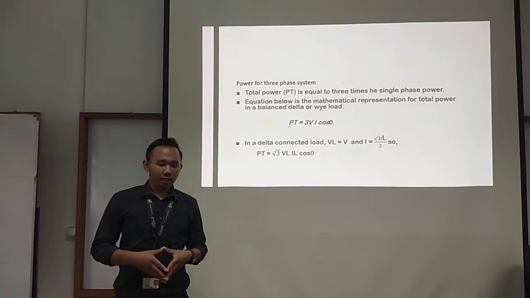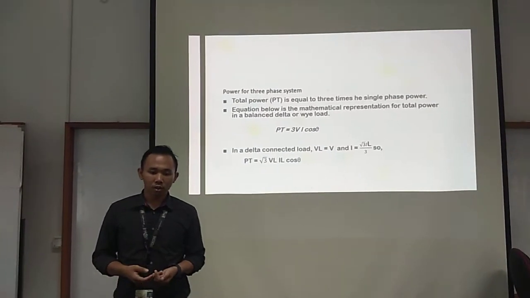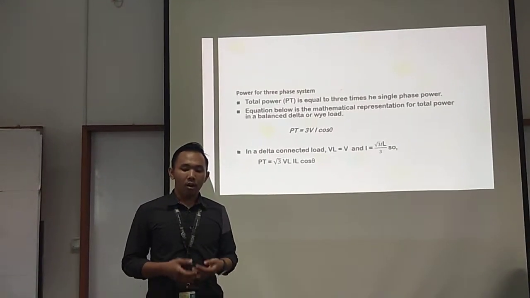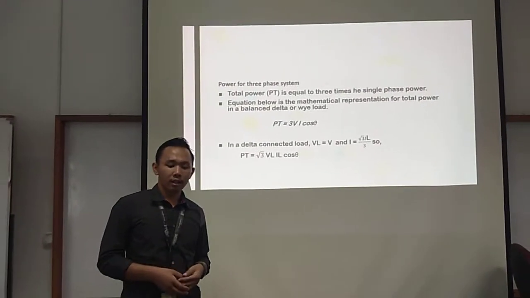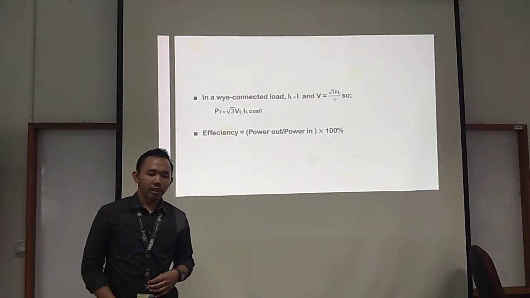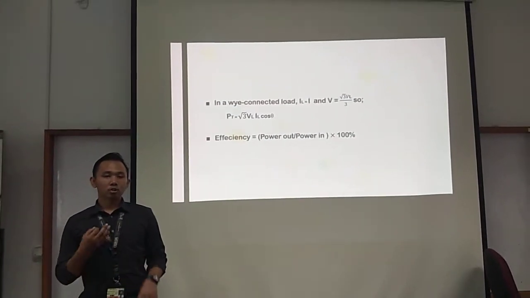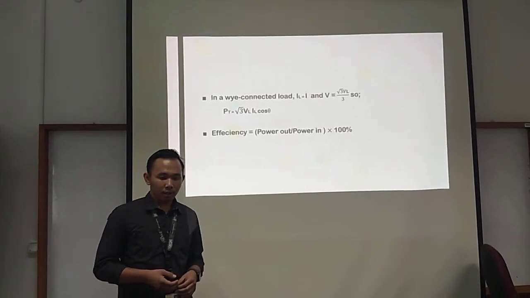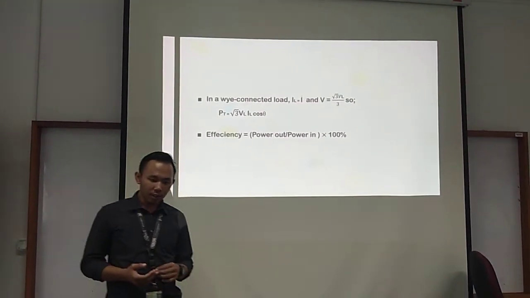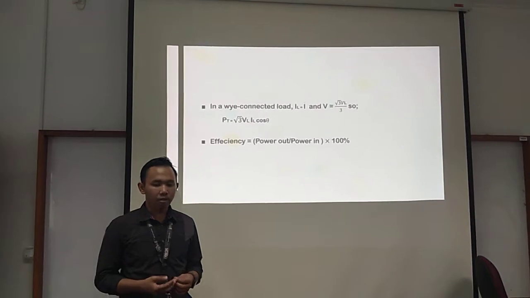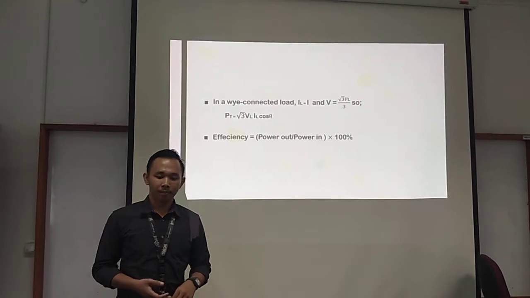In a delta-connected load, VL equals V and I equals IL over √3. So total power equals √3 VL IL cos theta. In a Y-connected load, IL equals I and V equals VL over √3, so P equals √3 VL IL cos theta. The efficiency is equal to power out over power in times 100%.